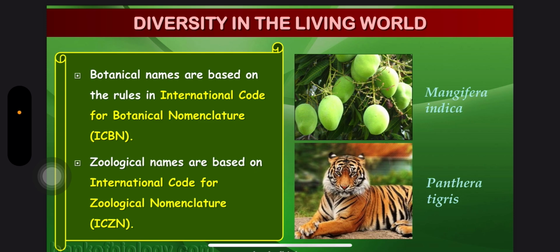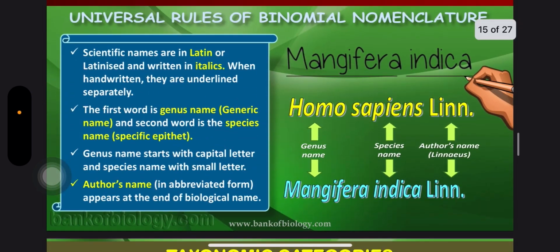In the same way, for plants ICBN, for animals ICZN. Zoological names, which are the animal names, follow the International Code for Zoological Nomenclature, ICZN. Here, Mangifera indica is mango, Panthera tigris is tiger. Got it? Universal rules are there for binomial nomenclature.